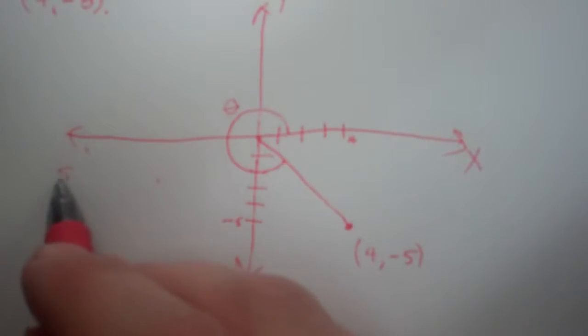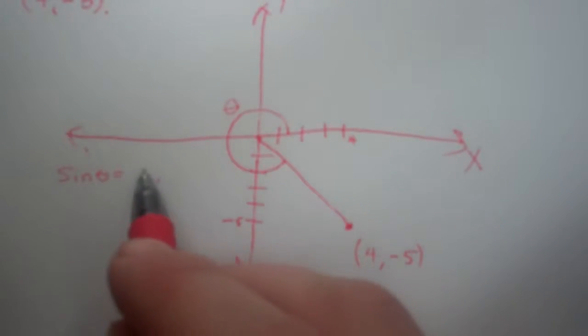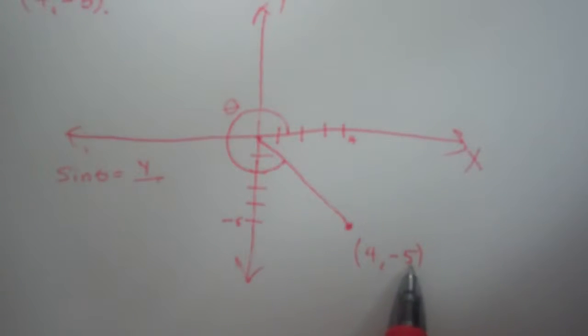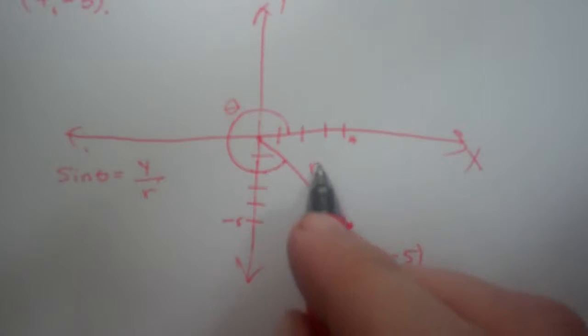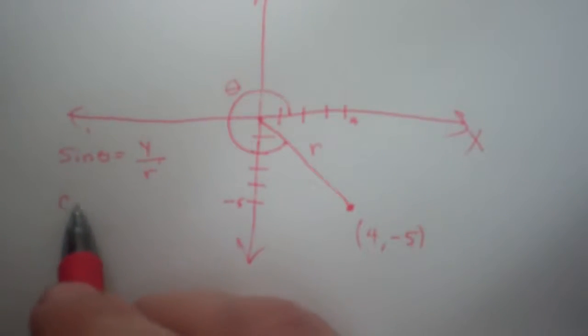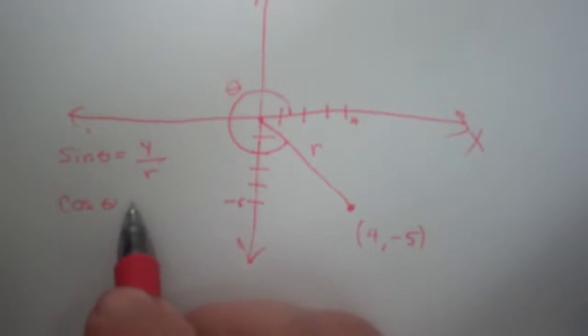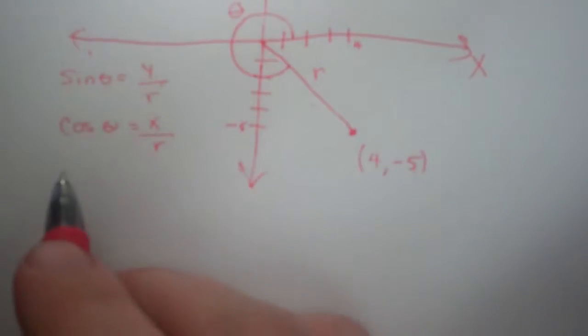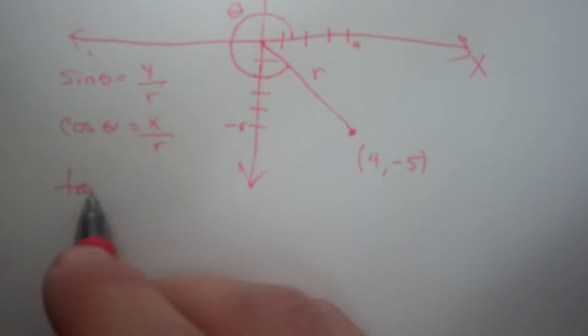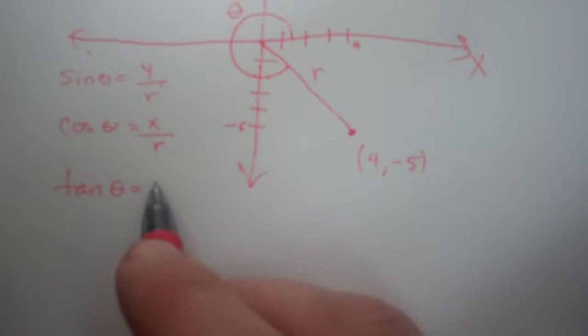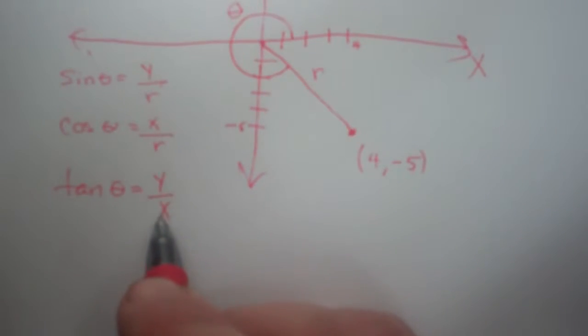The sine of this angle is equal to the y coordinate over r, the distance from the origin to the point, and the cosine of theta is equal to the x coordinate over that distance, and the tangent of theta is equal to y over x.